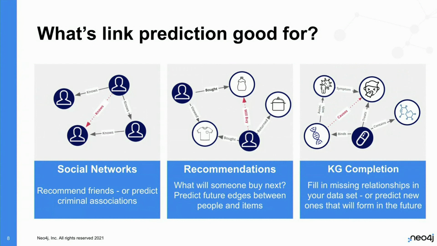If we talk about our classic recommendation use case where you have people buying items, viewing items, returning items, what does link prediction do there then? Well, you can predict what someone will buy next for a recommendation. So you can predict future edges between people and items. Or, we talk about knowledge graphs, right? Where you have heterogeneous concepts. You have, in my example here, genes, chemicals, diseases, symptoms.